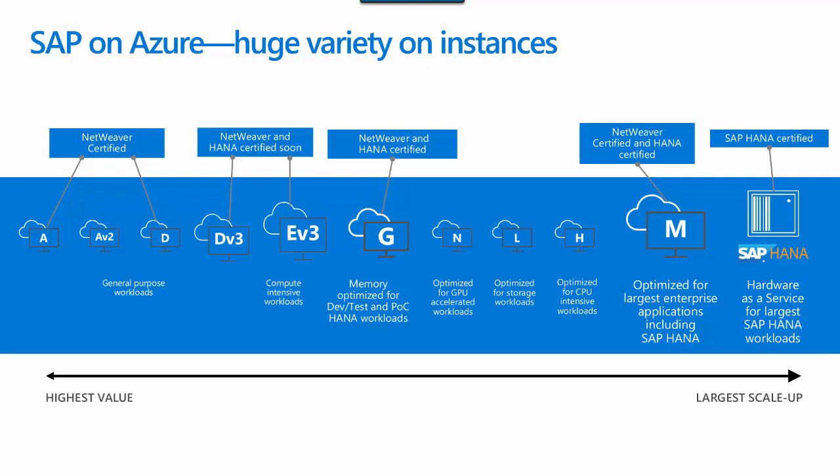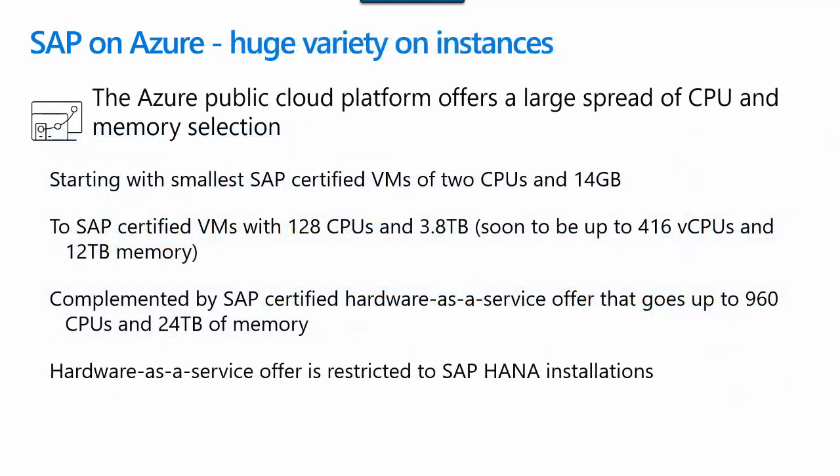Now, when you grow beyond the scalability of our virtual machines, we do have something called hardware as a service, often referred to as HANA Large Instances. And we have a range of those machines that have been HANA certified that you can use for your production SAP HANA workload.